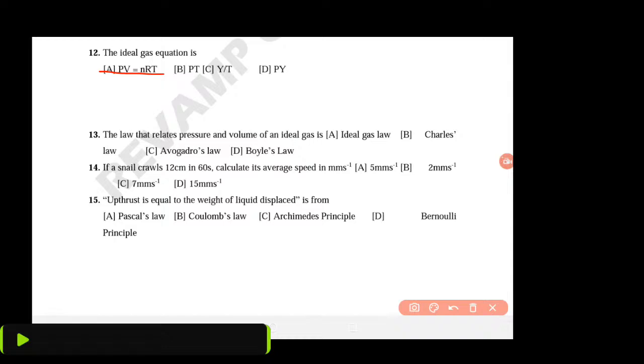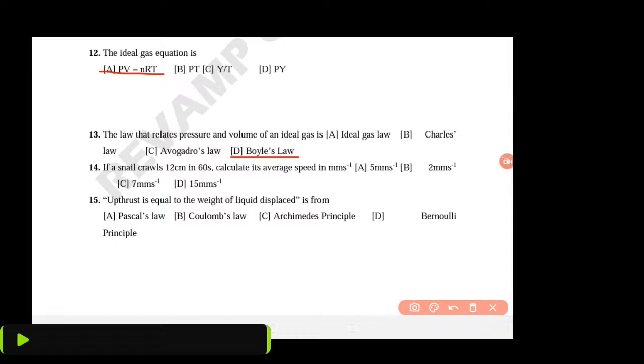Okay, moving away from that, let's go to question number 13. Question number 13 says the law that relates pressure and volume of an ideal gas is dash. The law relating pressure and volume is Boyle's law, and Boyle's law states that the pressure of a given mass of gas is inversely proportional to its volume, provided the temperature, that is the absolute temperature, remains constant.